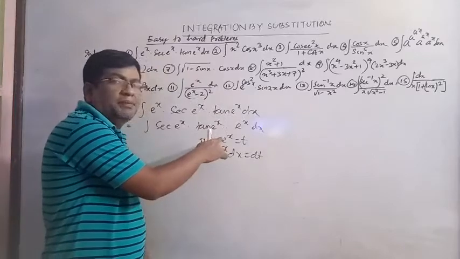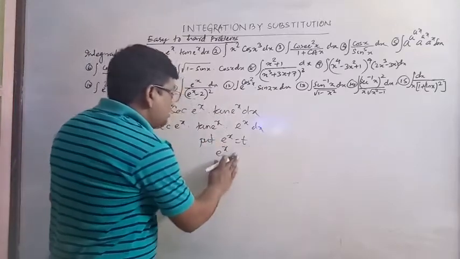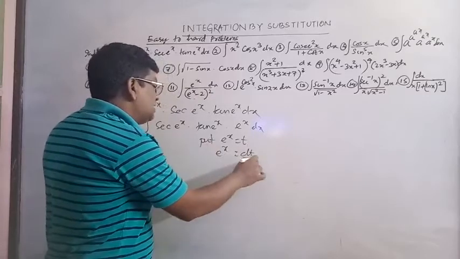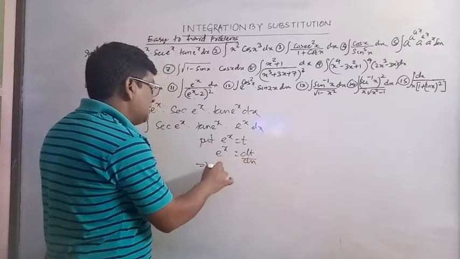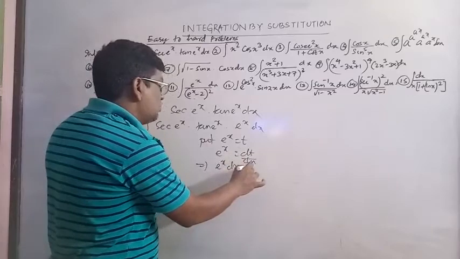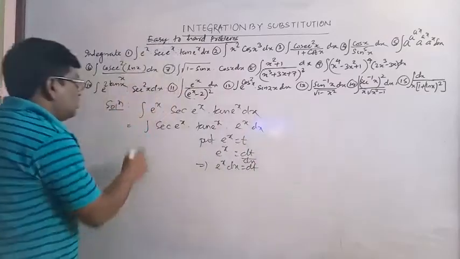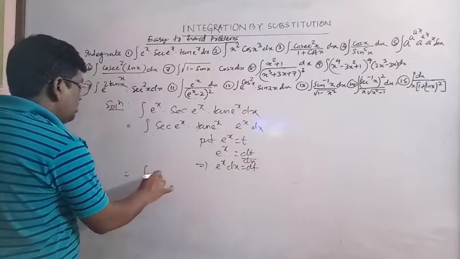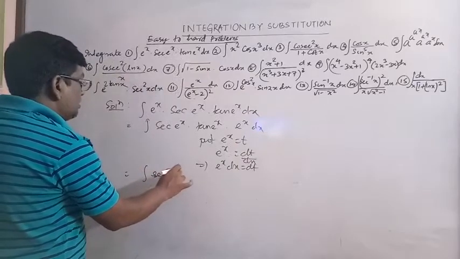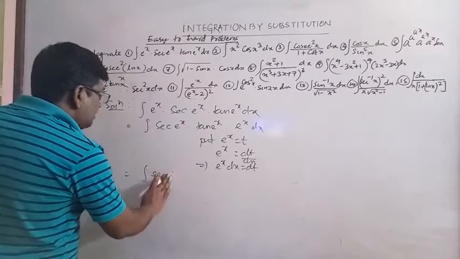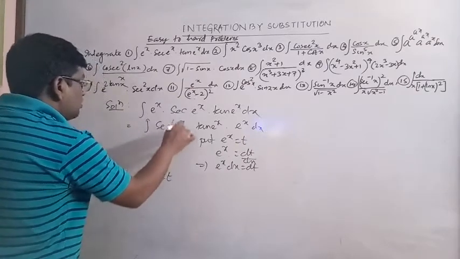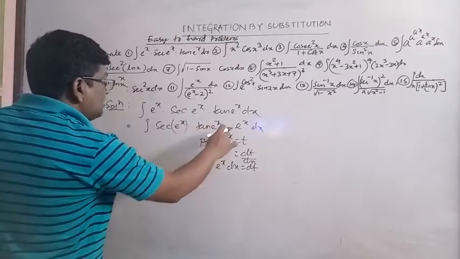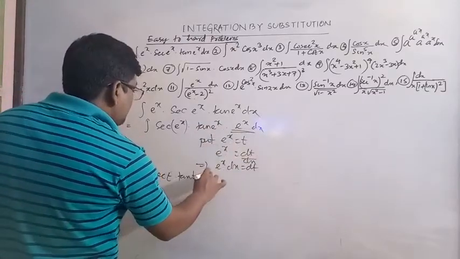How is it obtained? Differentiate both sides with respect to x: e to the x equals dt by dx, so we can directly write e to the x dx equals dt. The integral will be sec t tan t dt.